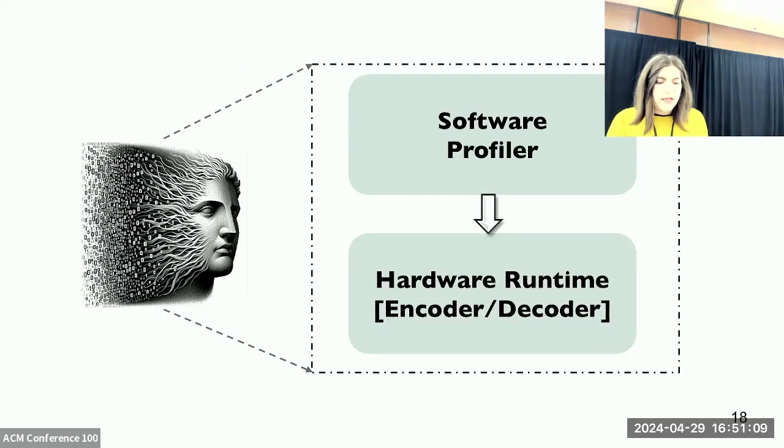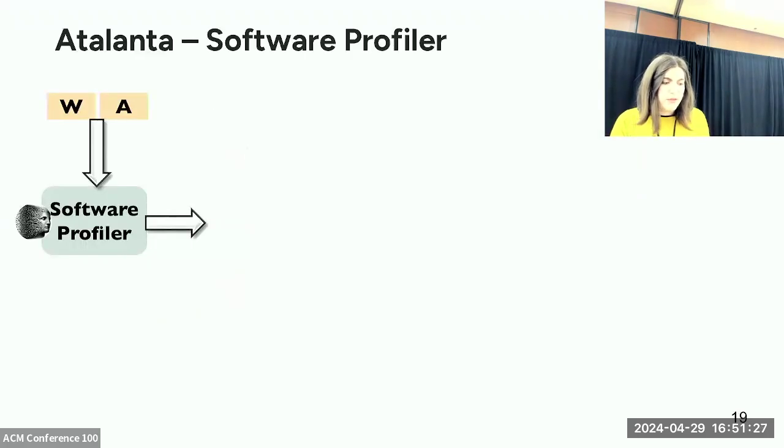Before that, at a high level, Atalanta has 2 key components, a software profiler and a hardware module. The profiler pre-analyzes data prior to runtime, supplying the hardware module with statistics and values that it requires during runtime. So what does the profiler do?